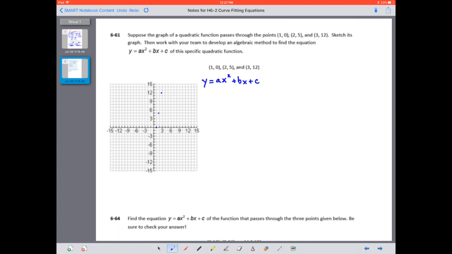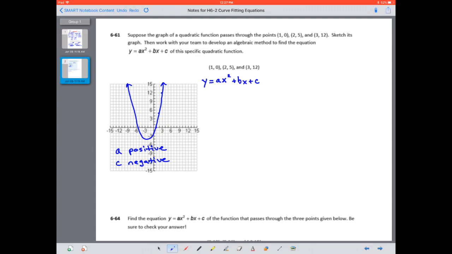If I was to sketch that parabola, it would probably come down and go somewhere up here. I don't know exactly where at the moment, but I do know, because of the way it looks, that a is going to have to be positive. c is probably going to be negative, right?